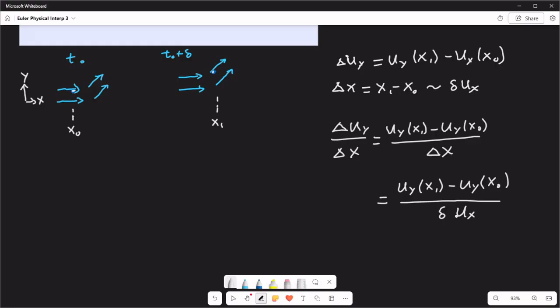And since this delta makes it look a little like a delta of ux, I'm going to change the notation and make this a delta t. Make it a little bit cooler, so it doesn't look like a delta ux. So this is delta t times ux.